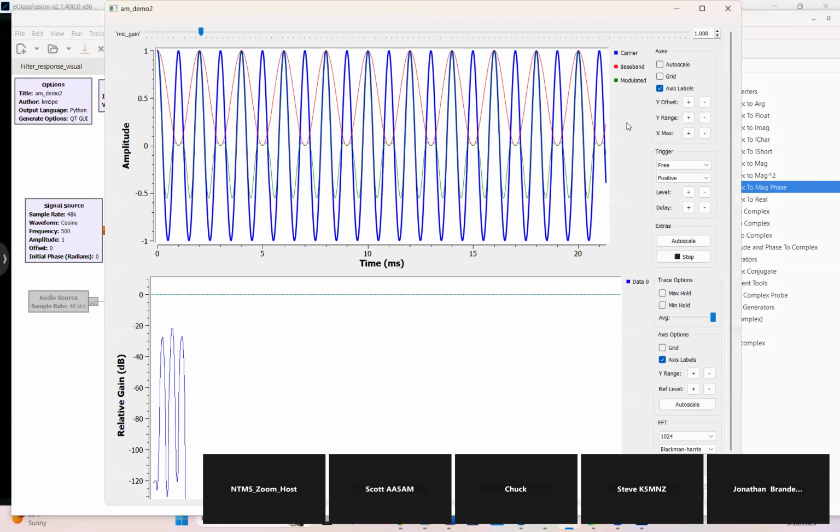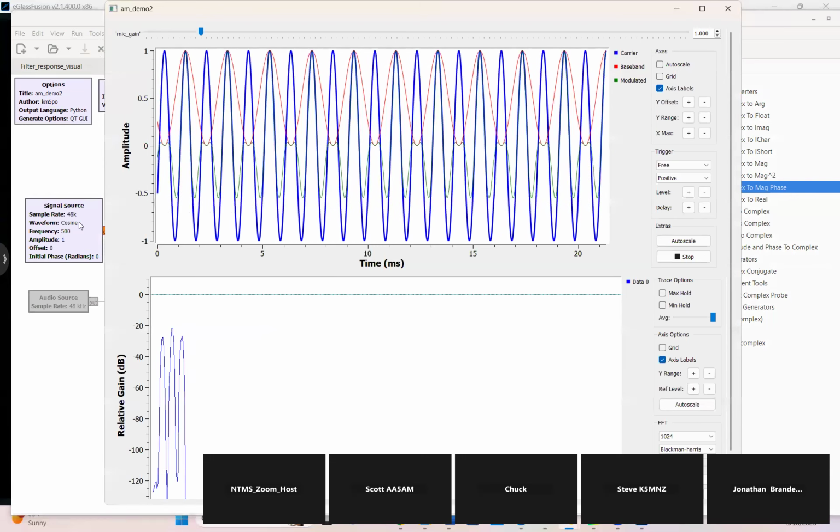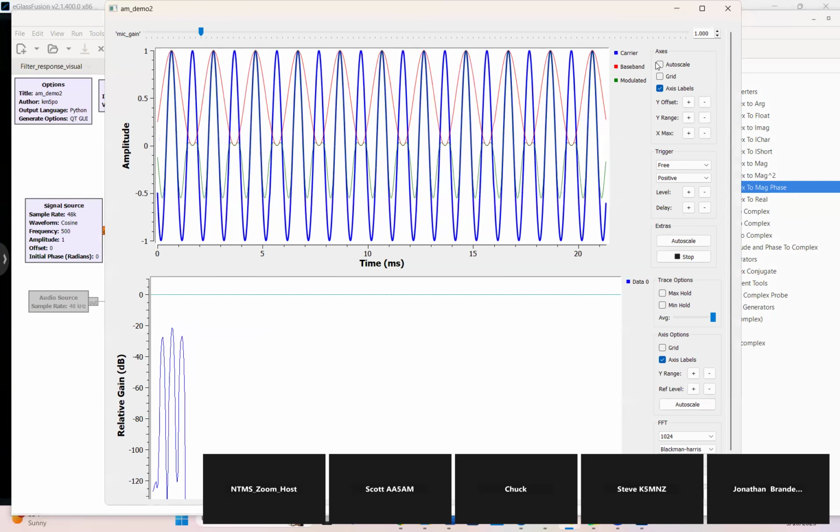Still using a signal source. Okay, now we've changed the signal source, by the way, to 500 hertz. That's important to note.